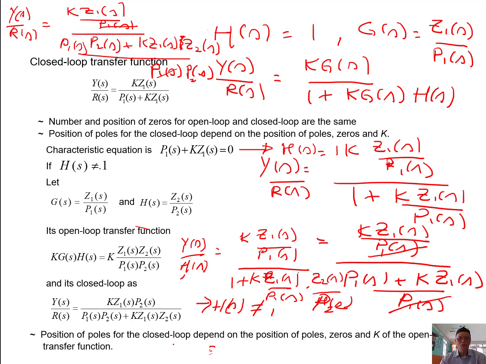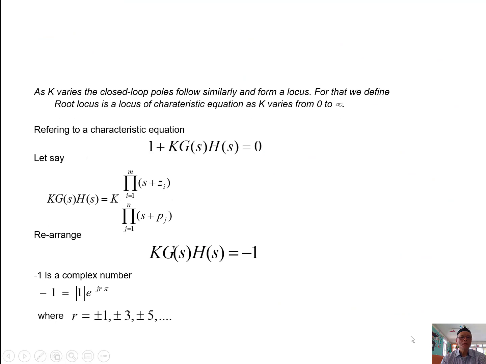So the position of poles of the closed loop depends on the number of poles and zeros and the K of the open loop transfer function. If you see from here, the poles of the closed loop depend on the position of poles and zeros and K of the open loop. So we now define the root locus: as K varies, the closed loop poles follow a locus.